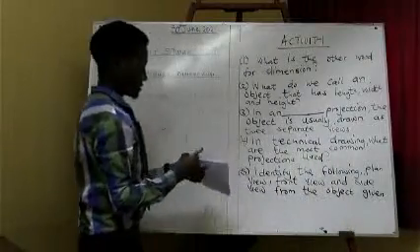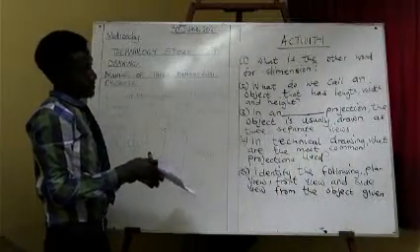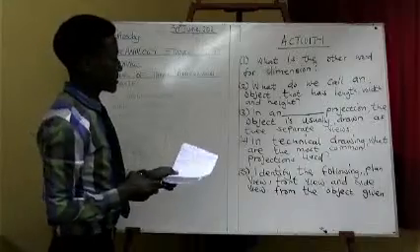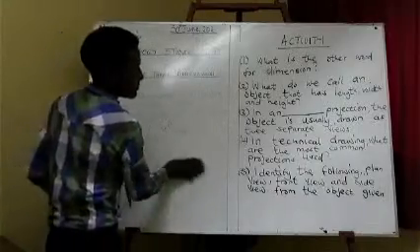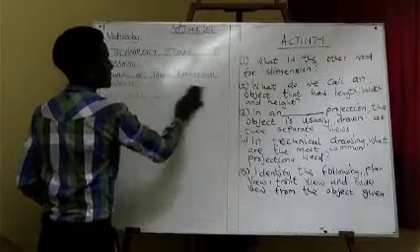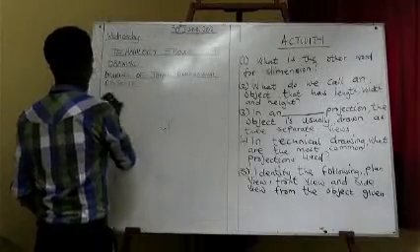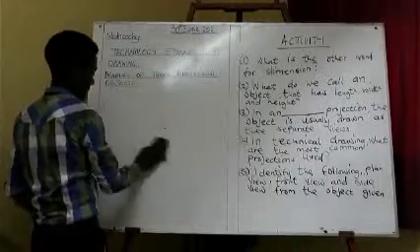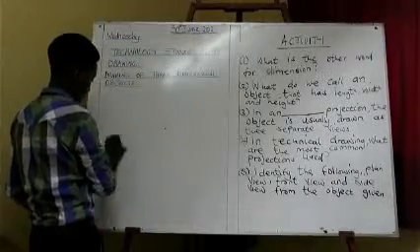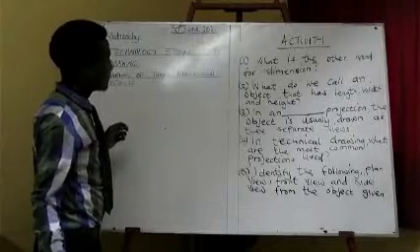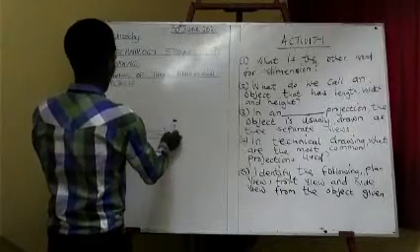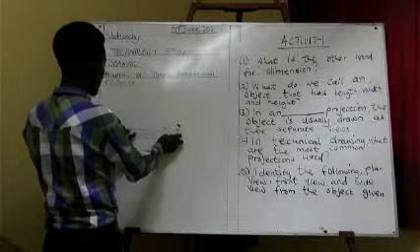Okay, so I'm going to draw the objects that we are going to identify: plan, plant, and side view. So our object will be like this.